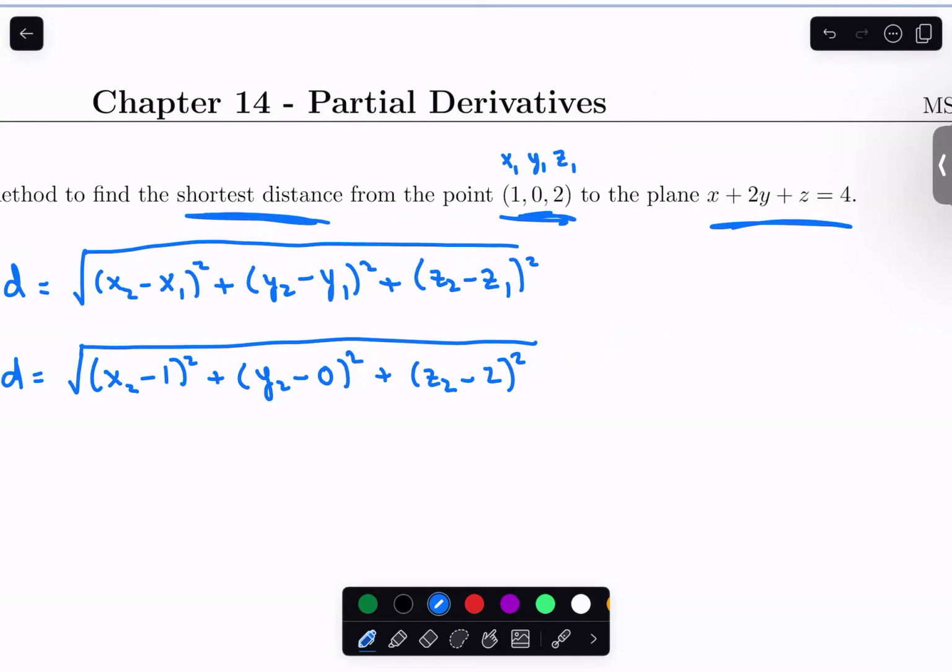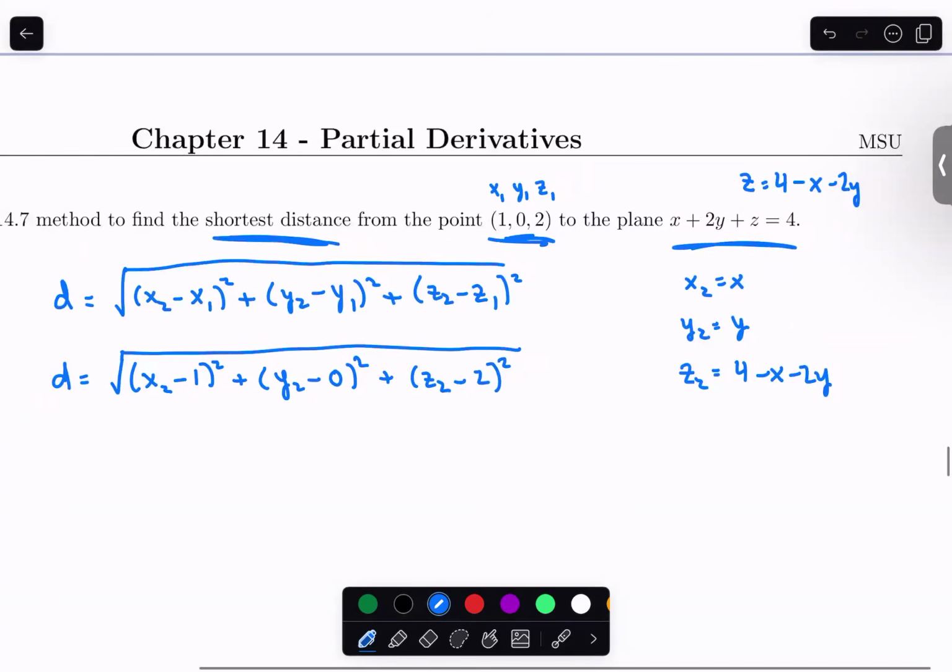So that means that if I let x2 be just regular old x, and if I let y2 be regular old y, then z2, if I want it to be on the plane here, I can go ahead and rearrange this and get a z equals function. And that will guarantee that I'm on this plane. If I chose other z values, right, I may not be on the plane.